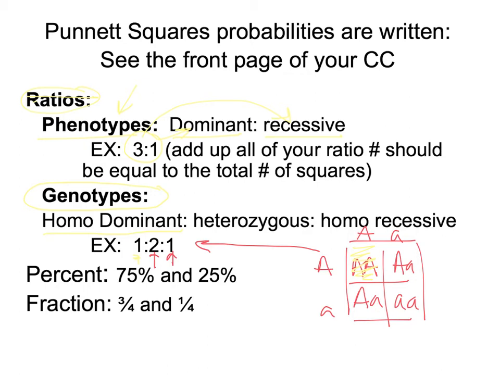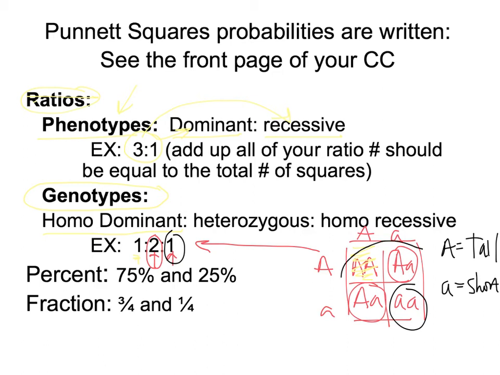I have two heterozygotes, and then I have one homozygous recessive. Once again, if I say that big A is tall, little a equals short, if I look here, these three have my dominant phenotype, and this particular one has my recessive. There I get my 3-to-1 ratio.